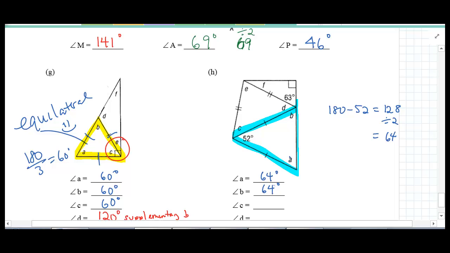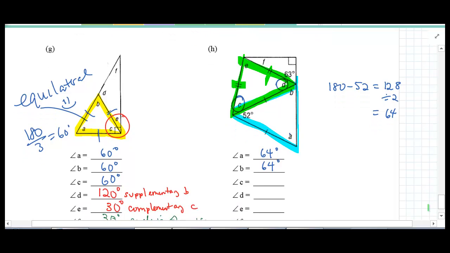Okay. Now you're going to find angle C, and so angle C is here. Hopefully you can see that angle C and angle D are the same, because here's another isosceles triangle with two equal sides. So if you can figure out D, then you can figure out C, and I can figure out D because angle D seems to be on a line.